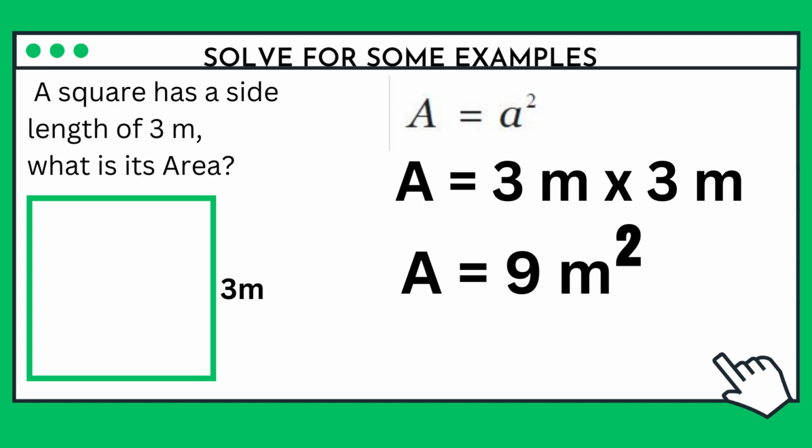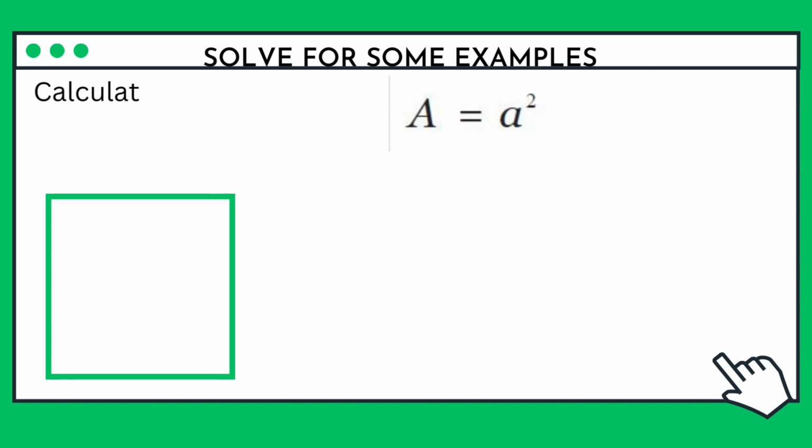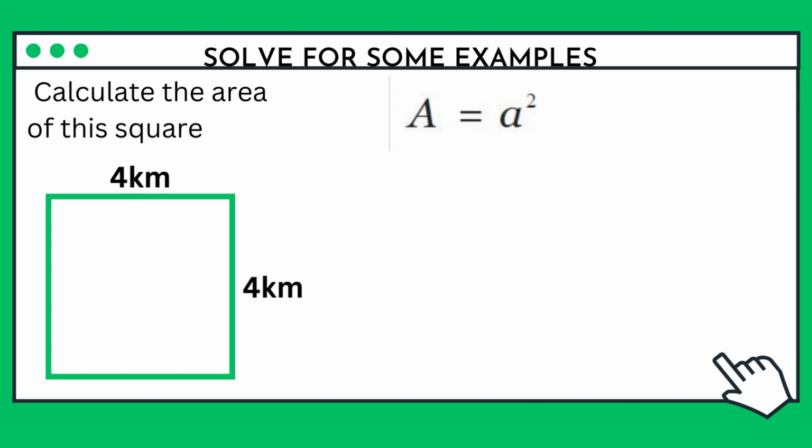So, next example, calculate the area of this square. May given tayo dyan sa square. It says here 4 kilometers ang measurement nung side. So, using the formula again, A is equal to a squared. Given a is equal to 4 km. So, 4 km times 4 km.